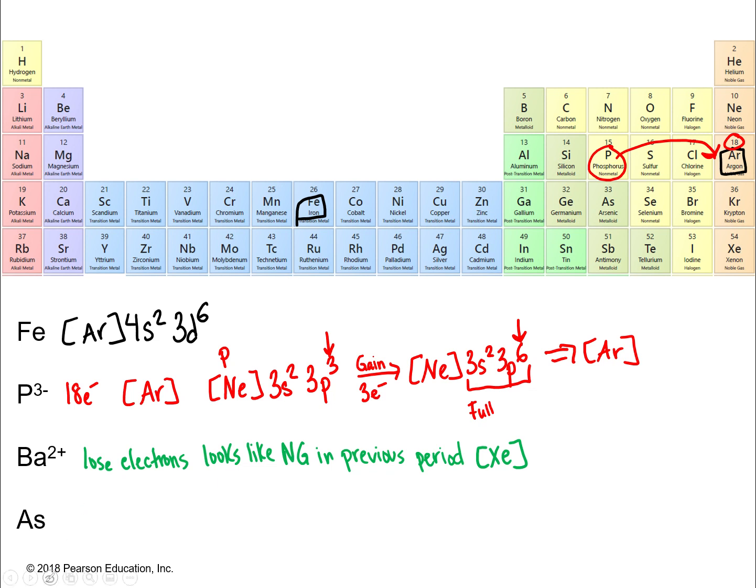For this last one, we're looking at arsenic. We're going to look at the noble gas in the row above, and then we're going to fill in everything between argon and arsenic.